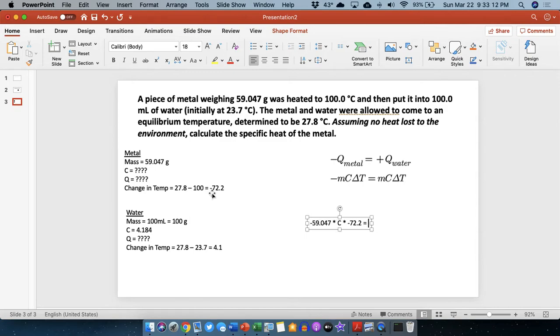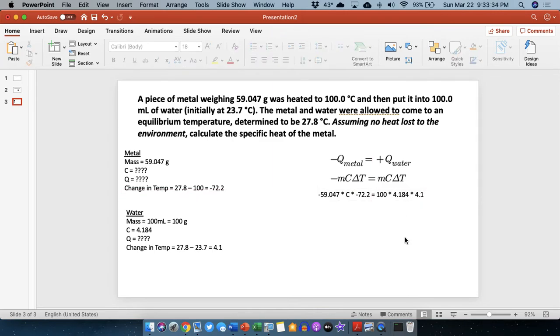That's going to equal the mass of my water, which I said was 100, times the specific heat of the water, which I already knew to be 4.184, times the change in temperature of the water, which I already said was 4.1. Now, when I plug all those numbers in, I notice something. First of all, the Q went away. We didn't have to have the Q for either the metal or the water.